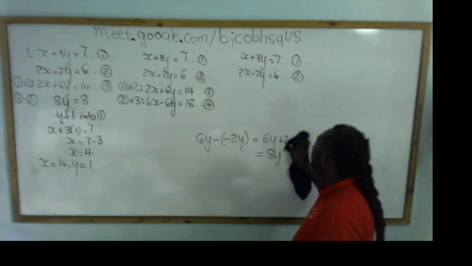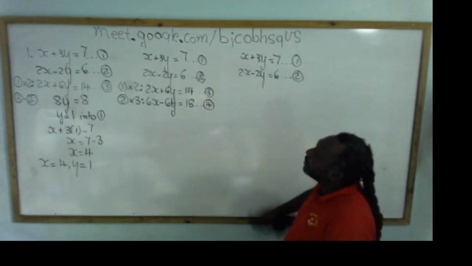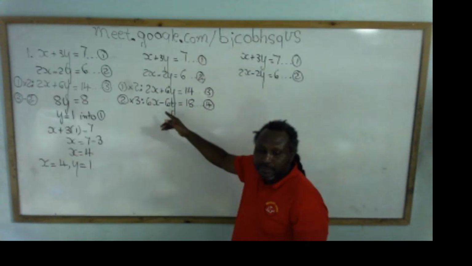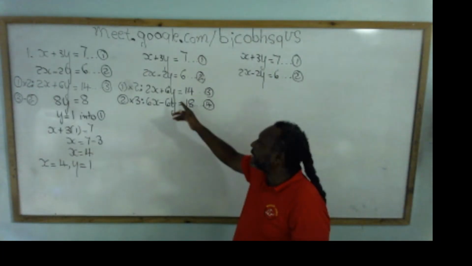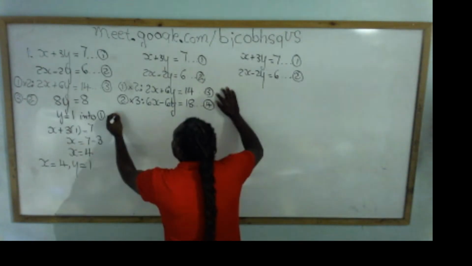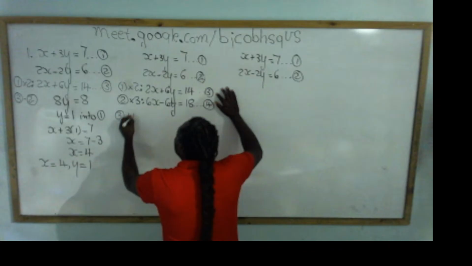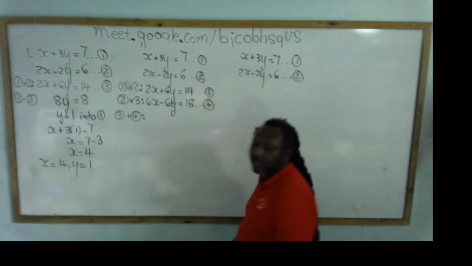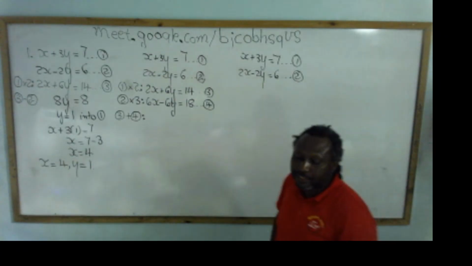Now that we have the additive inverses, which will eliminate each other by addition, we will add the two equations. Do not forget, which is equation 3 and equation 4. The additive inverses will have a cancelling effect on each other by addition.